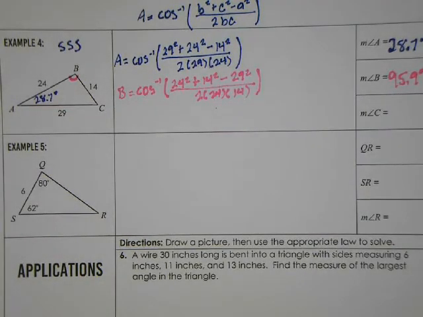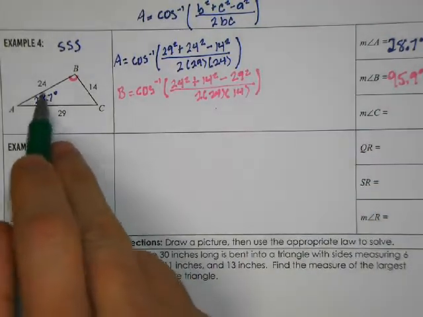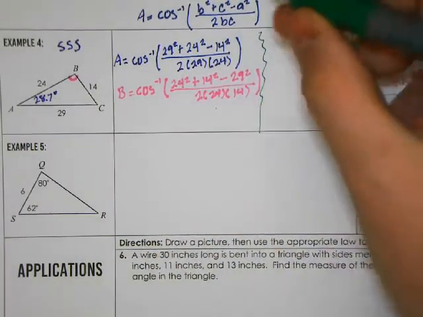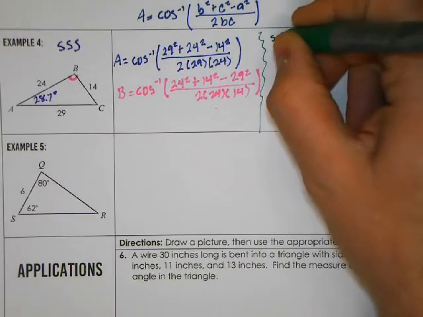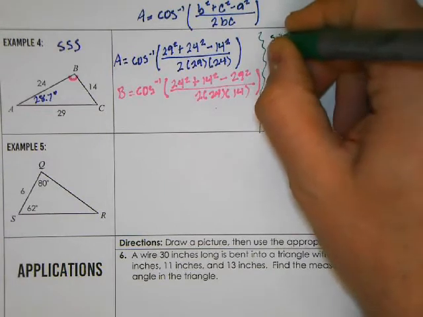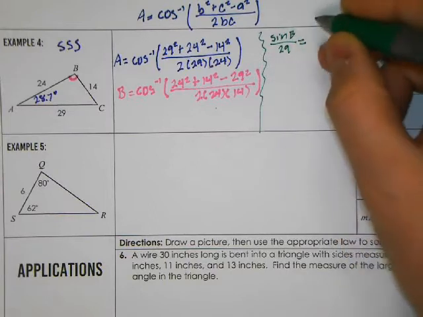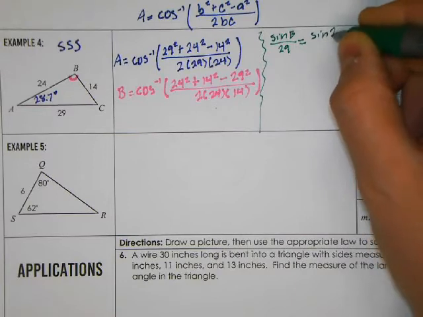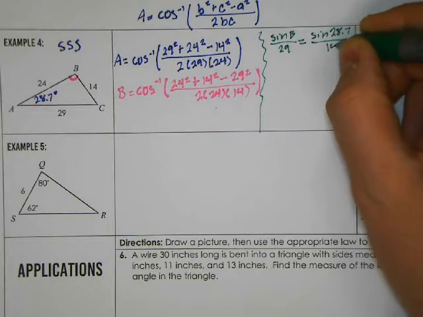Now just for kicks, I'm going to go ahead and see if I would get the same angle measurement using law of sines with my saved number here. So let's just do this. We'll say sine of B over the 29 would be equal to the sine of 28.7 over 14.